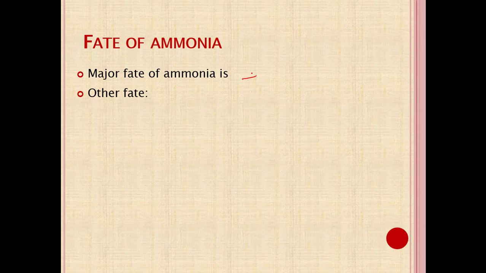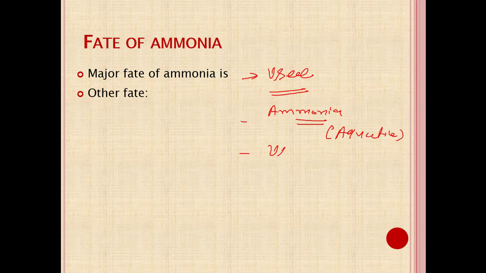The major fate of ammonia in humans is urea. Certain animals, mainly aquatic animals, can directly excrete ammonia, and certain animals convert it into uric acid, but in humans it is mainly excreted as urea. The conversion of ammonia into urea mainly occurs in the liver.